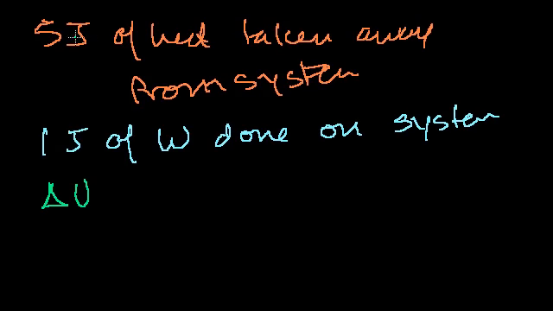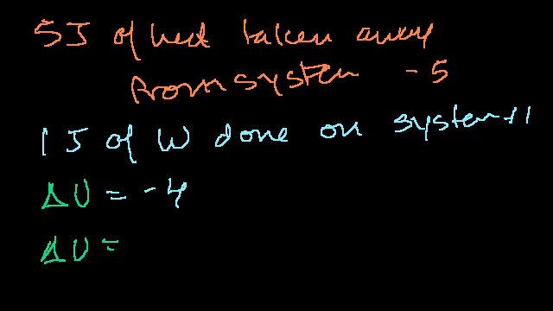The way I think of it is 5 joules of heat taken away from the system. That's going to reduce our internal energy by minus 5. And if 1 joule of work is done onto the system, we're putting energy into it, so that'll be plus 1. So minus 5 plus 1 is going to be minus 4. Or our change in internal energy is minus 4 joules. Now we could have done that a little bit more formally with the formula.